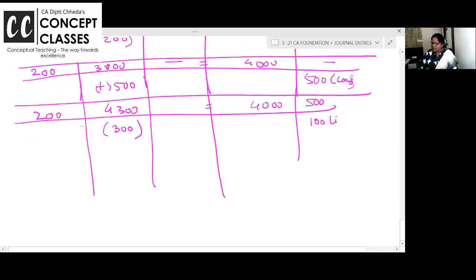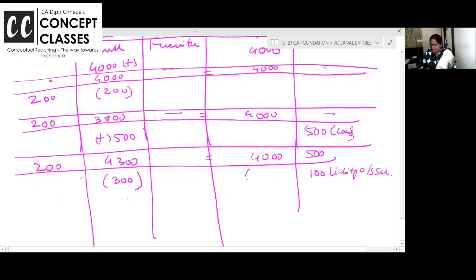You can check. 100 liability increase हो रहा है, outstanding salary you should write. अभी तक पे नहीं किया. Cash credit, liabilities credit. And 400 rupees is your expense. So your capital will reduce. Capital will reduce with expenses and drawings, and capital will increase by incomes and gains.